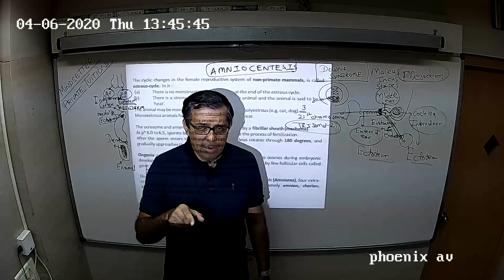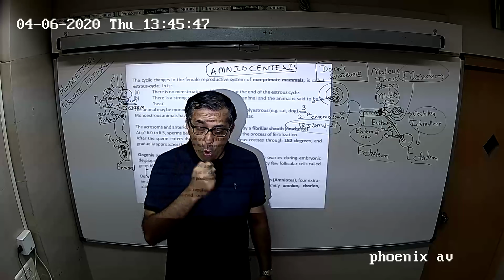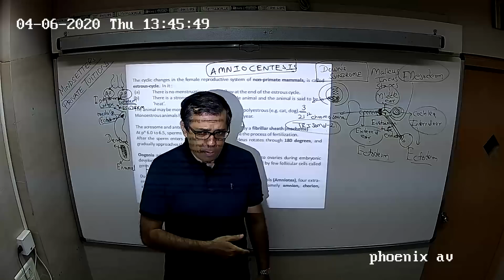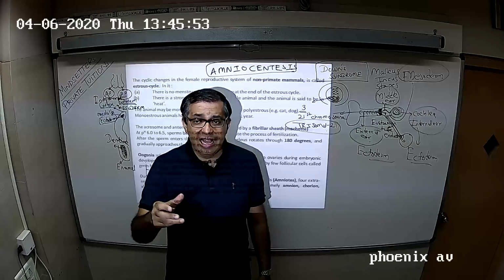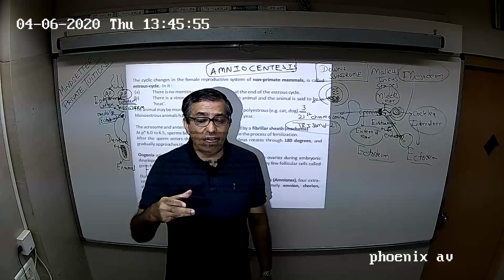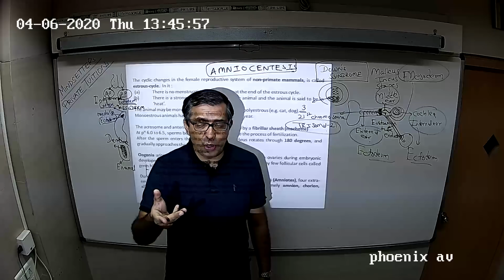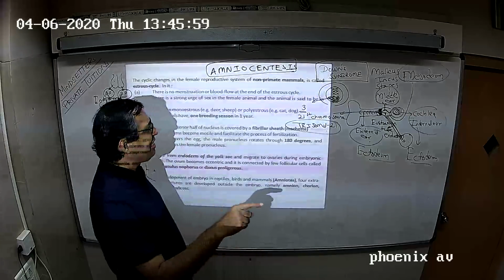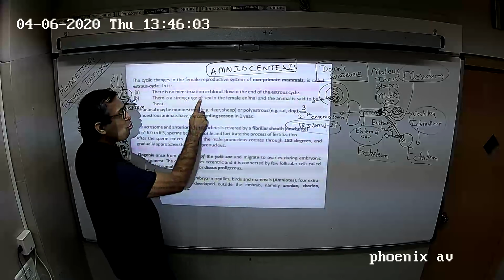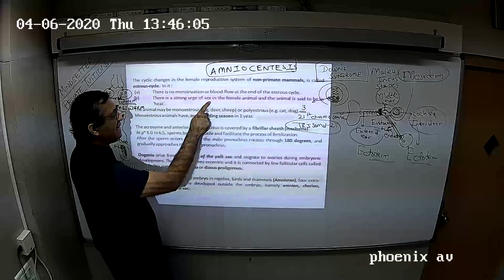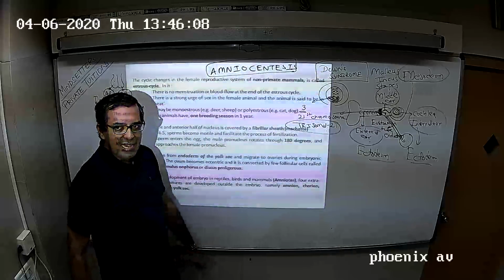But in these animals, only during ovulation, estrogen, progesterone and testosterone are secreted, and that will create a feeling of libido or sexual excitement, and that is something called as the breeding season, and a strong urge of sex is there, and breeding season will happen.